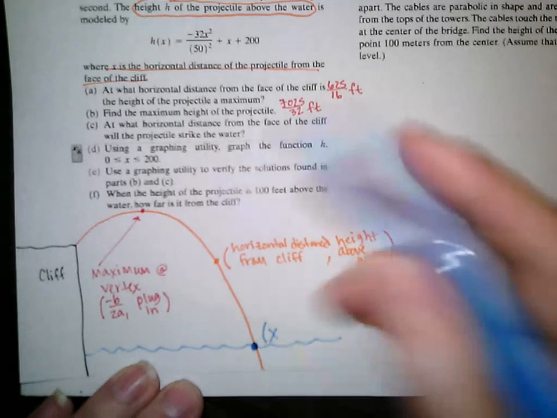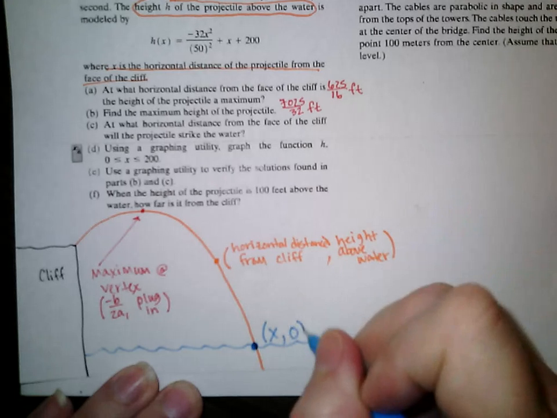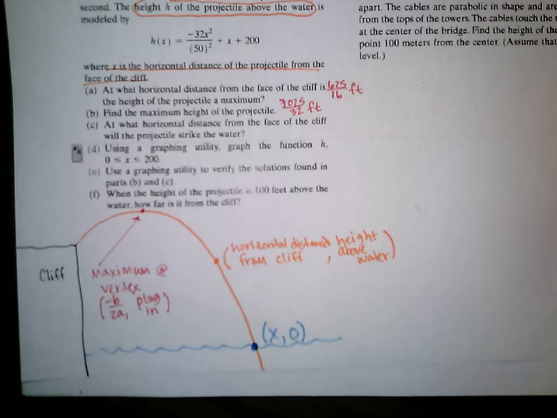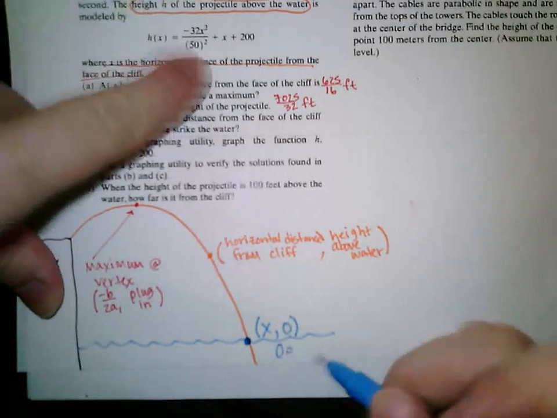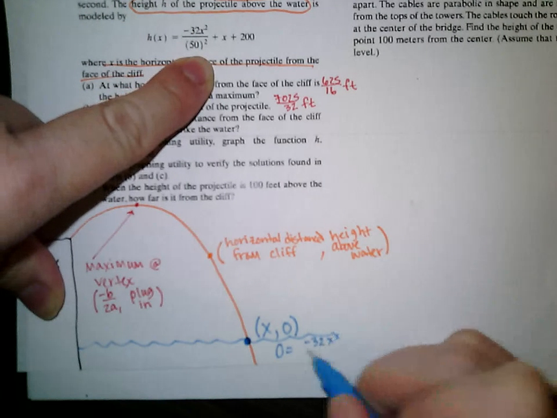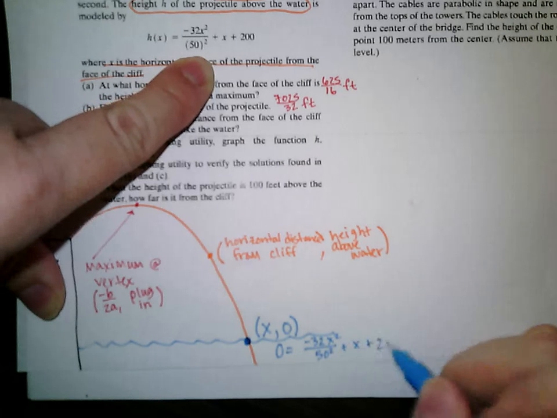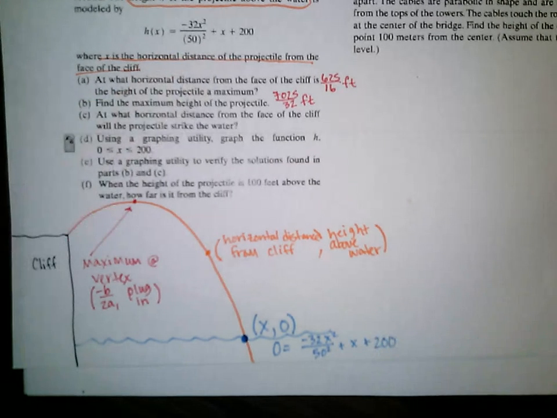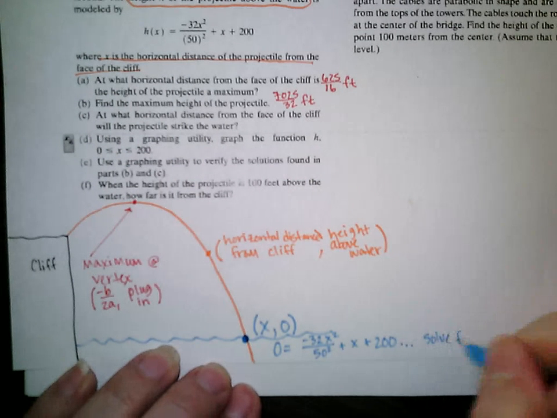So when it strikes the water, the height above the water is going to be 0. So we're going to be setting up the equation 0 equals our function, -32 x squared over 50 squared plus x plus 200. Then we'll solve that for x.